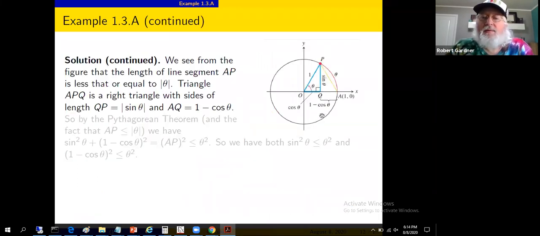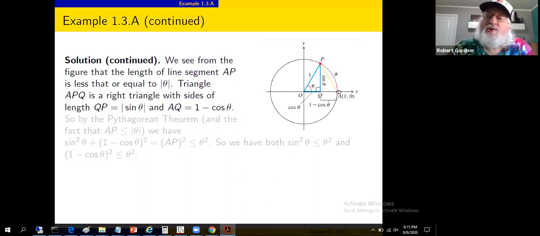Okay, in this same figure, we want to compare the length of line segment AP, the straight line shot from A to P, to the arc length. Well, we see from the figure that the distance from A to P is less than, or maybe less than or equal to, just to be on the safe side, the arc length from A to P. And the arc length from A to P, we just said, was the absolute value of theta.